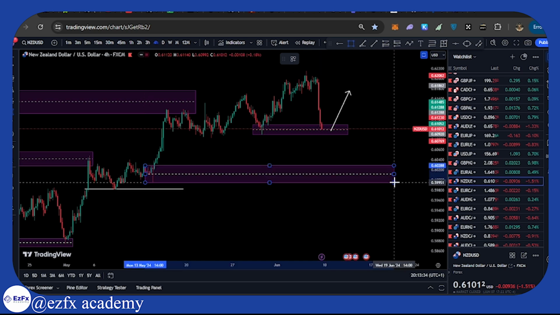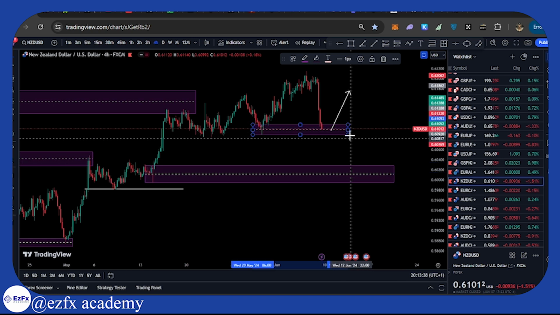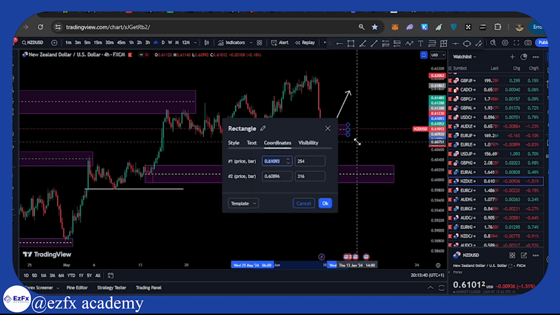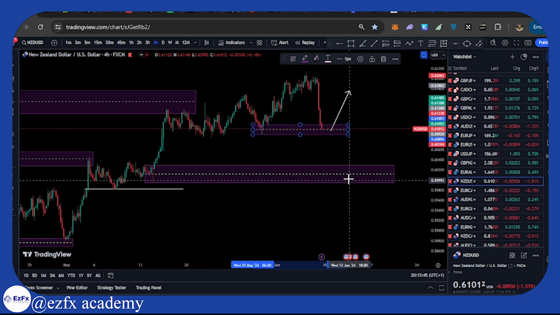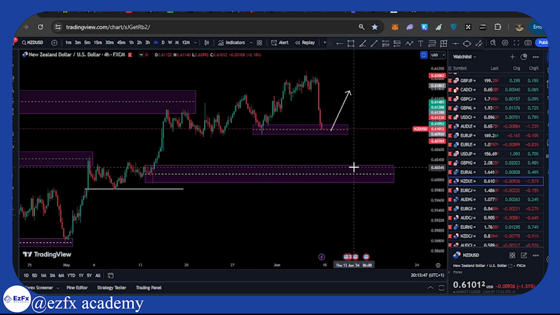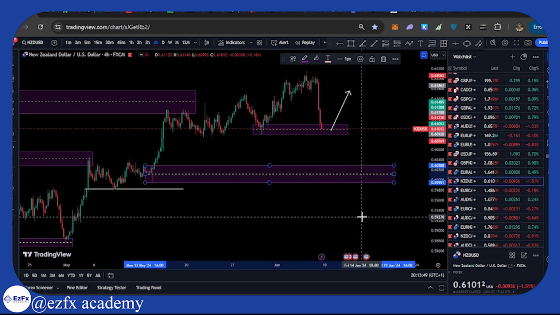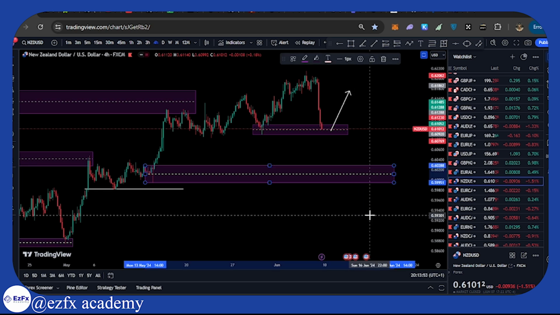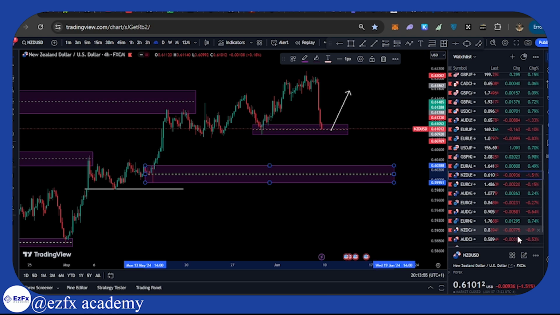If I get to see that being broken, then I'll be watching out for this zone. This initial zone is between 0.61093 and 0.60896, so I'm watching out for buys from there. If that gets broken, then I'm watching out for the move from 0.60288 and 0.59951. I hope that is clear for NZD USD.